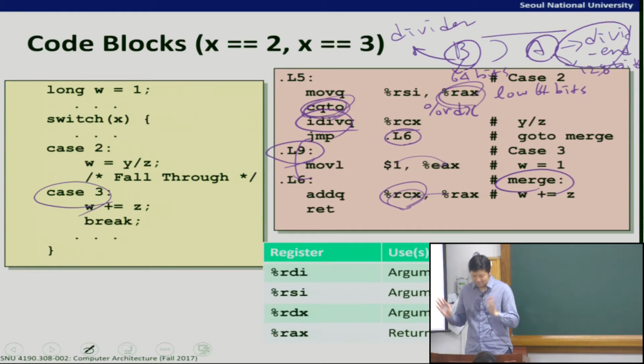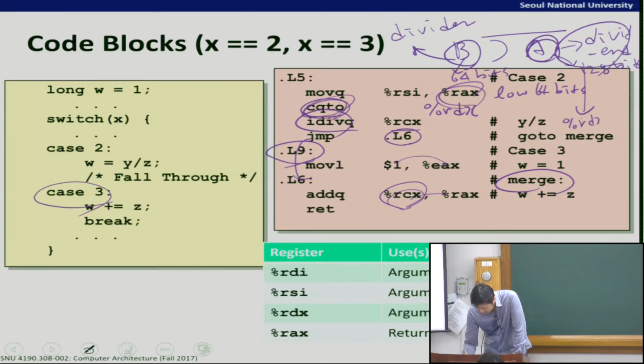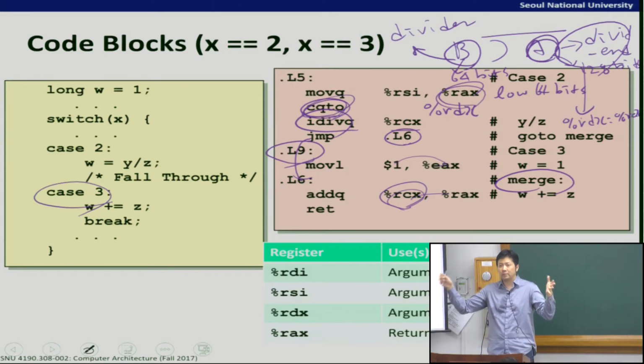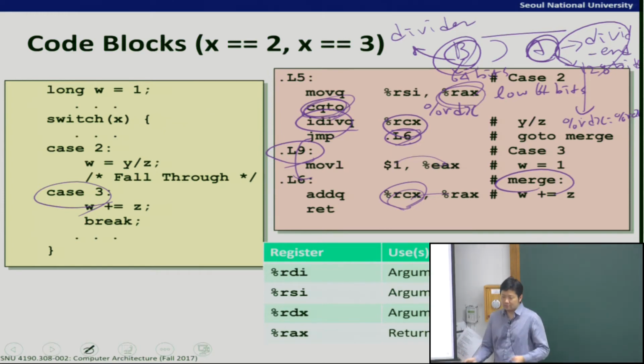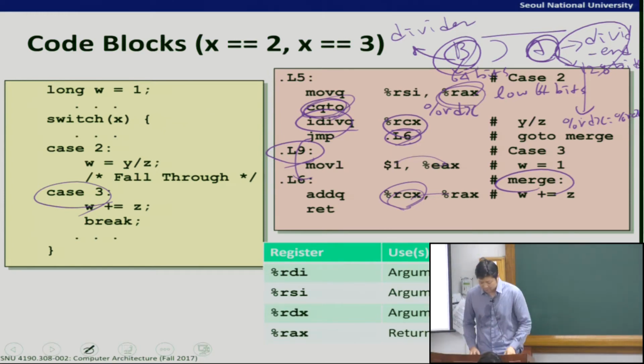This is kind of detailed. Don't worry too much about it, but it's just in case some of you may be curious. So this dividend will be held in the RDX register and RAX register together, because you're using 2 registers to hold one operand of 128 bits. And the divider is stored in the RCX register, so it's 64 bits. So it does the division.